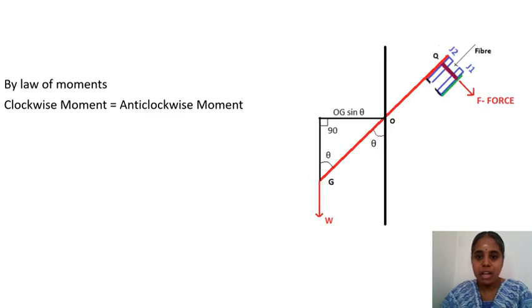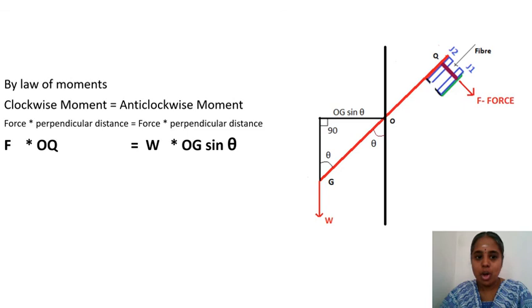Now, by the law of moments, the clockwise moments will be balanced by the anti-clockwise moments. This left side is the anti-clockwise and the right side is the clockwise moment. So the clockwise moment is F into the perpendicular distance, which is OQ, and on the left hand side it is the anti-clockwise moment, which is W, and the perpendicular distance is OG sine theta.